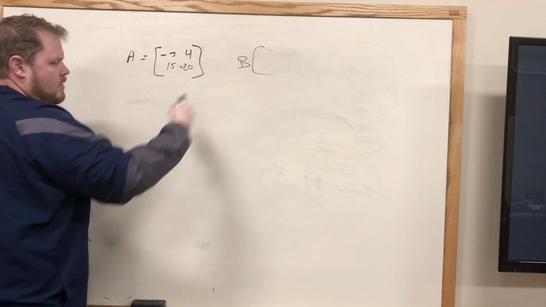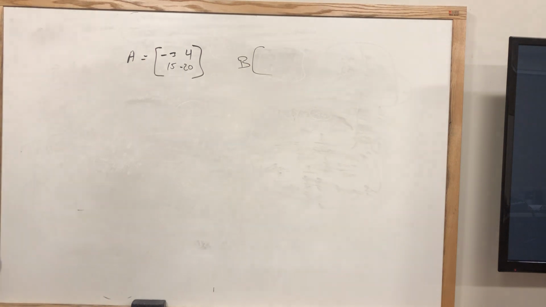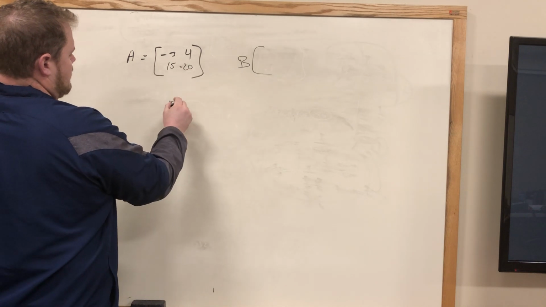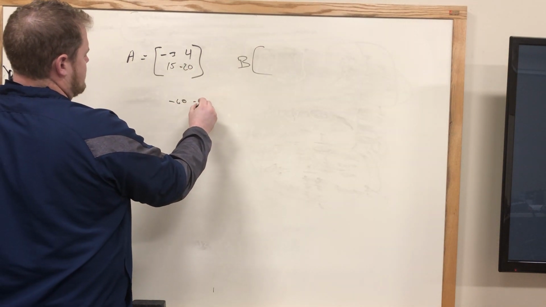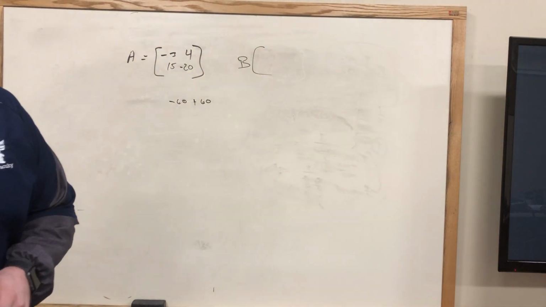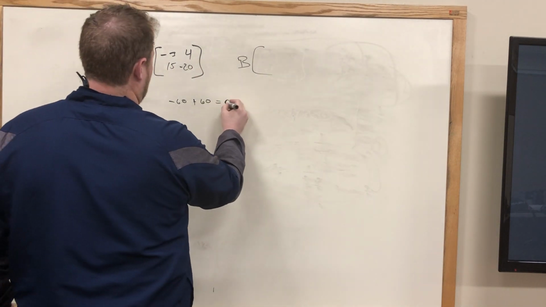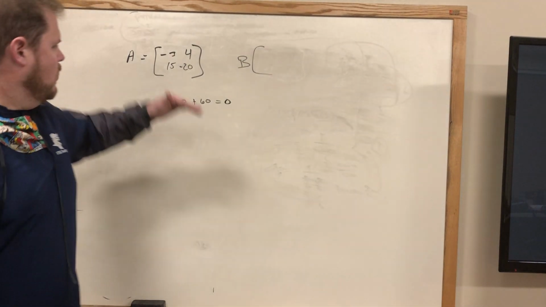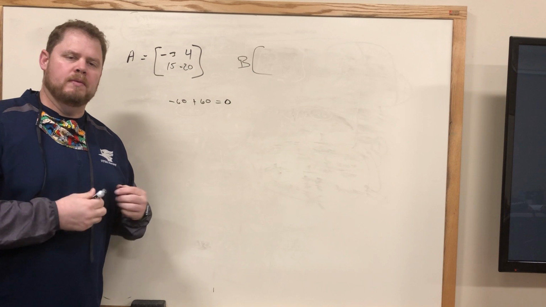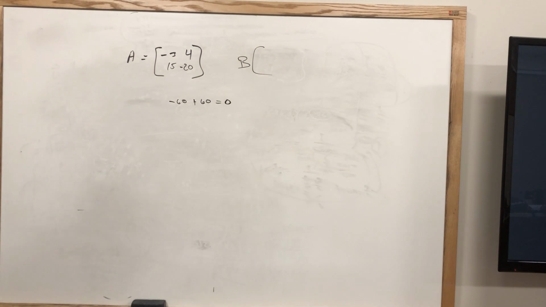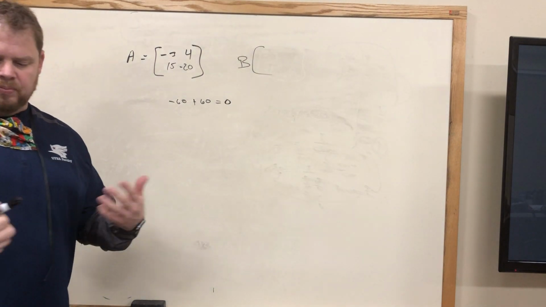So if the top row and the second row are multiples of each other, or kind of a facsimile of each other, watch carefully what happens. Gives you negative 60 plus 60, right? So what is that going to give you? 60 plus 60 is 0. And therefore, that's what happens when the top row and the bottom row are multiples of each other. They're going to give you a determinant of 0.